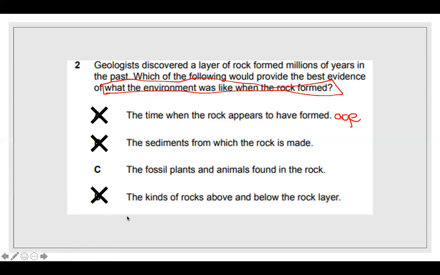The kind of rocks above and below the rock layer. Again, this is something that's going to help us indicate what the age is like versus what the environment was like. So C is the fossil plants and animals found in the rock. That's what's going to help us know what the environment was like when the rock formed.